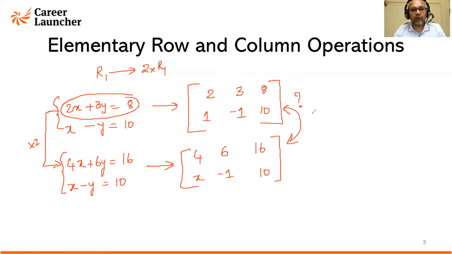So how am I getting the second matrix from the first matrix? I perform R1 as 2 times R1. That is the reason why I say a row can be multiplied with a constant and it will not change your matrix.